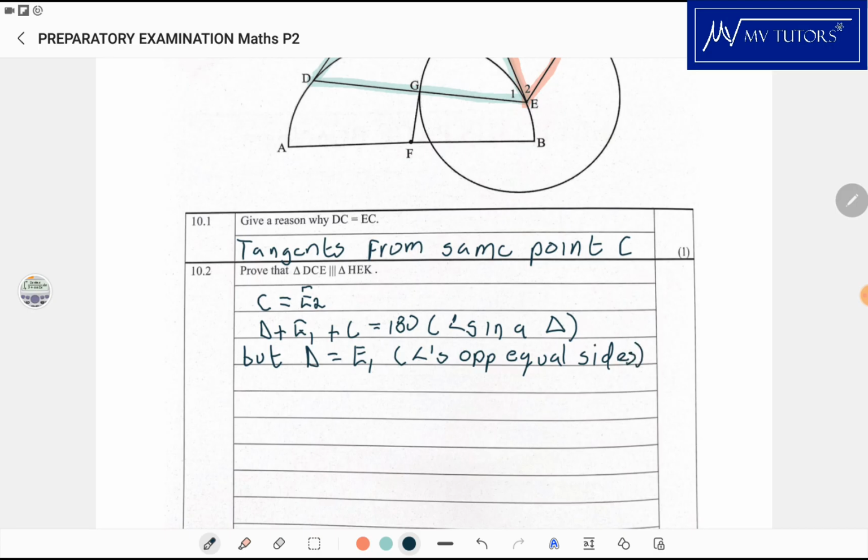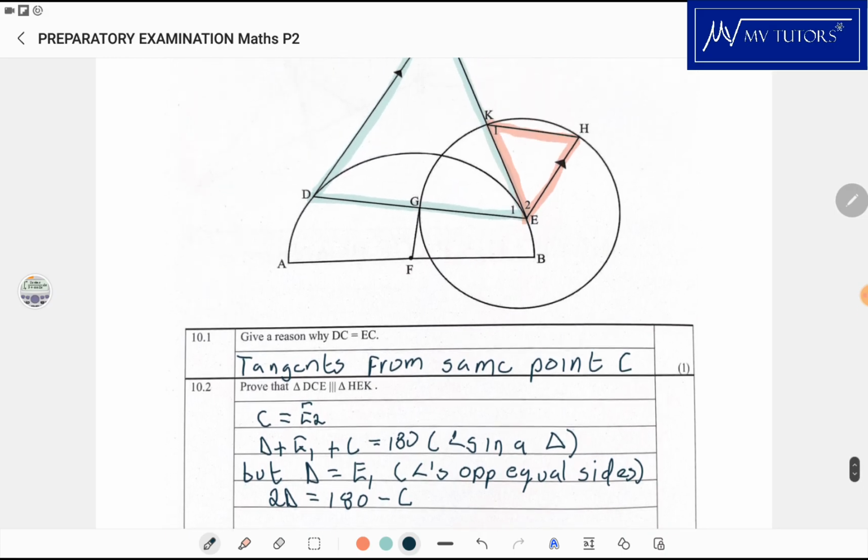like that. So that means D plus D, which is 2D, is equal to 180. That's me just solving for D: 180 minus the angle C. Now let's go to the red triangle.